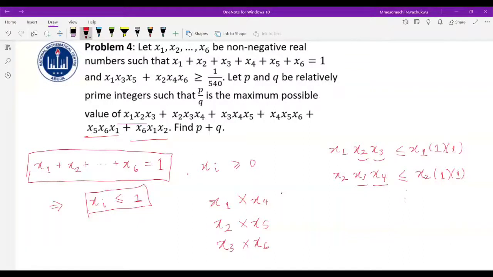So what does this give us? This hints at us, it's screaming at us to check out what this product will look like. When we put x1 and x4 in a bracket and multiply it out, what comes out is that x1 and x4 are never multiplied together.